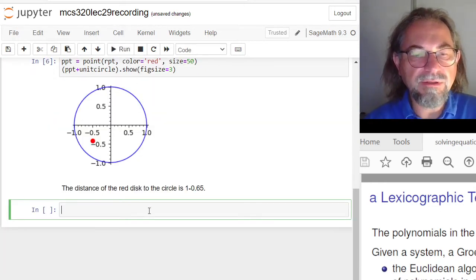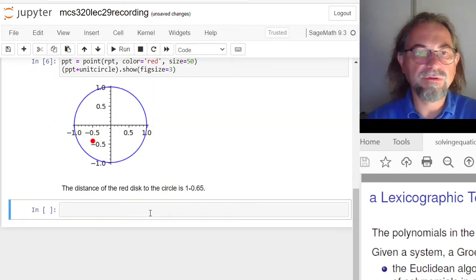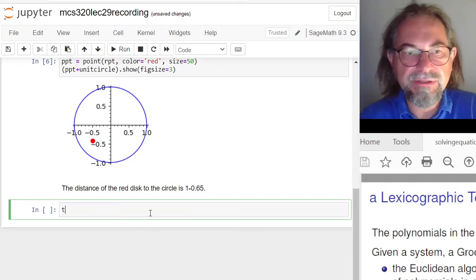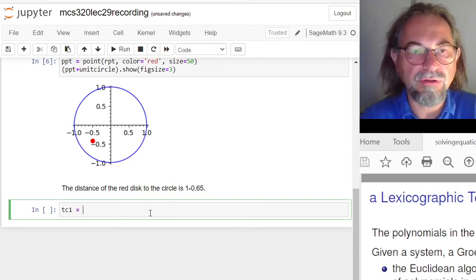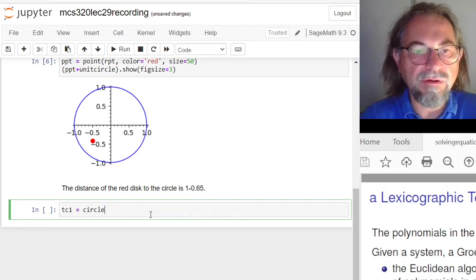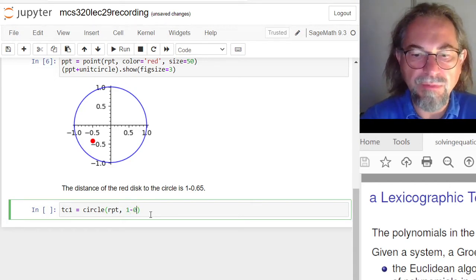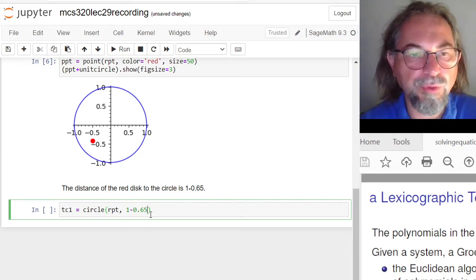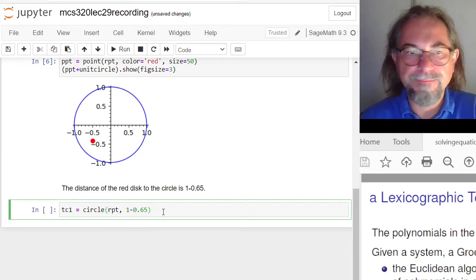Okay, so let me draw this now. The touching circle is a circle where the center is the random point and the radius is 1 minus 0.65.